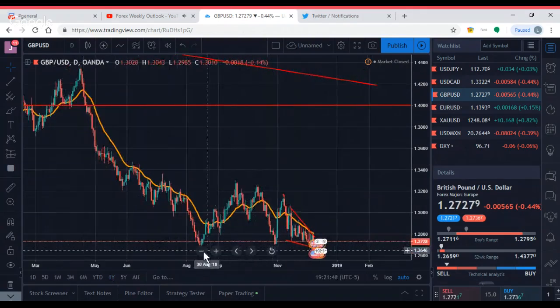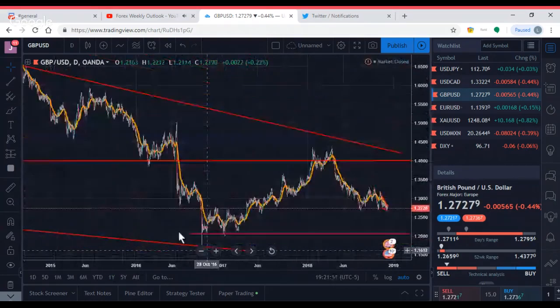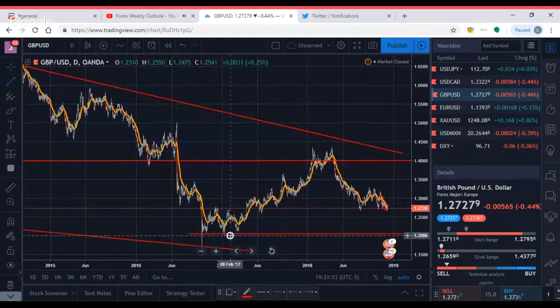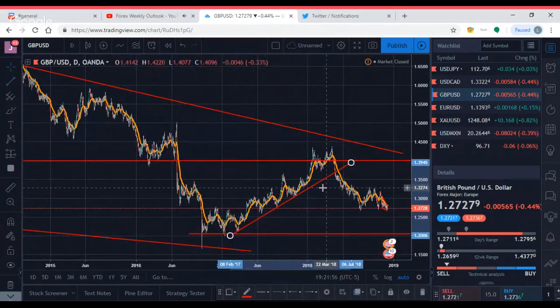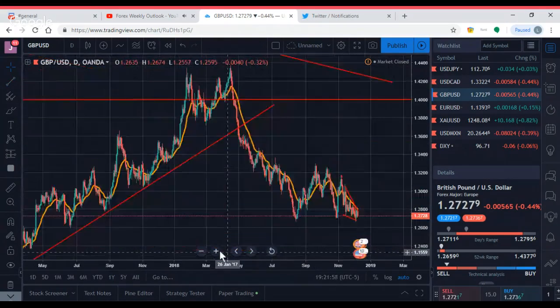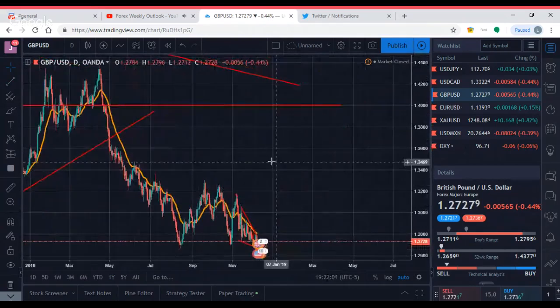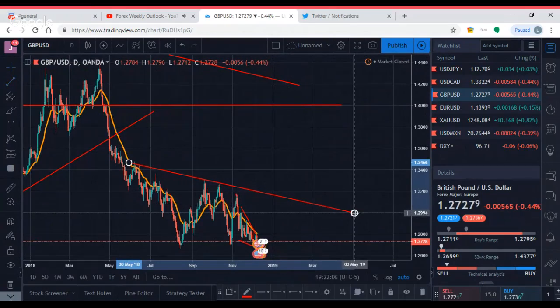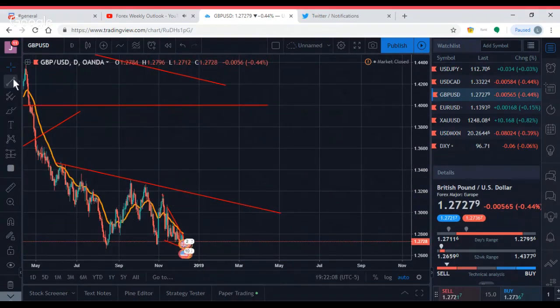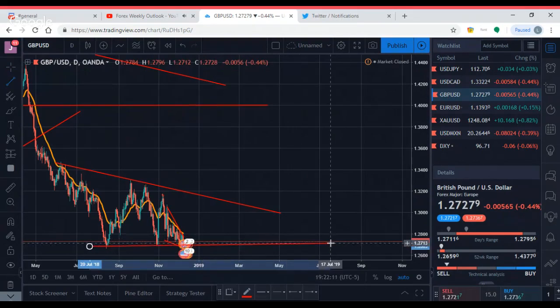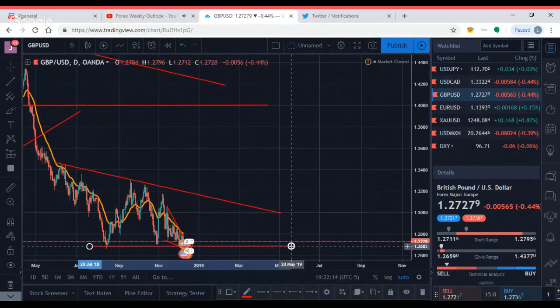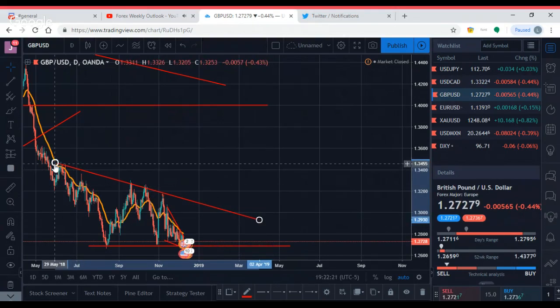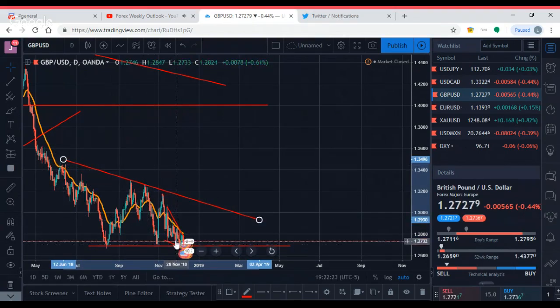Ultimately, now let's get into short term. It just seems to be downtrending. I'm not sure if this triangle here is actually valid yet. I'm not sure if it's completely valid, but I would take it into consideration because we are on a major support level.